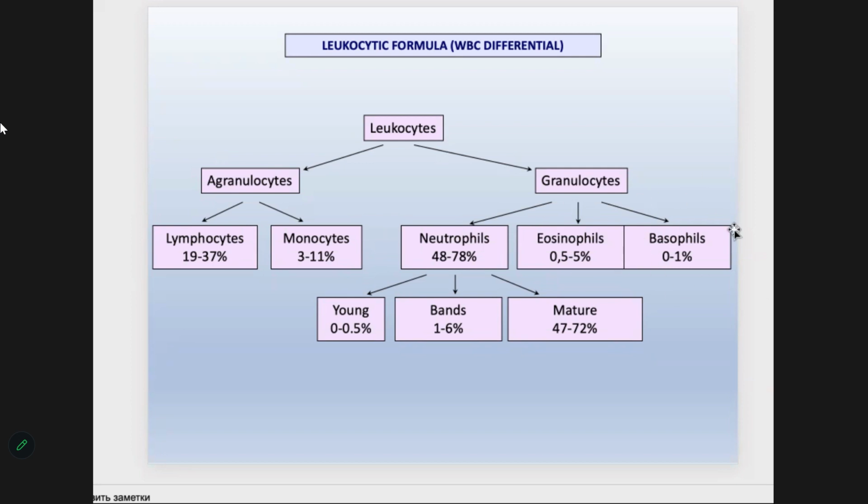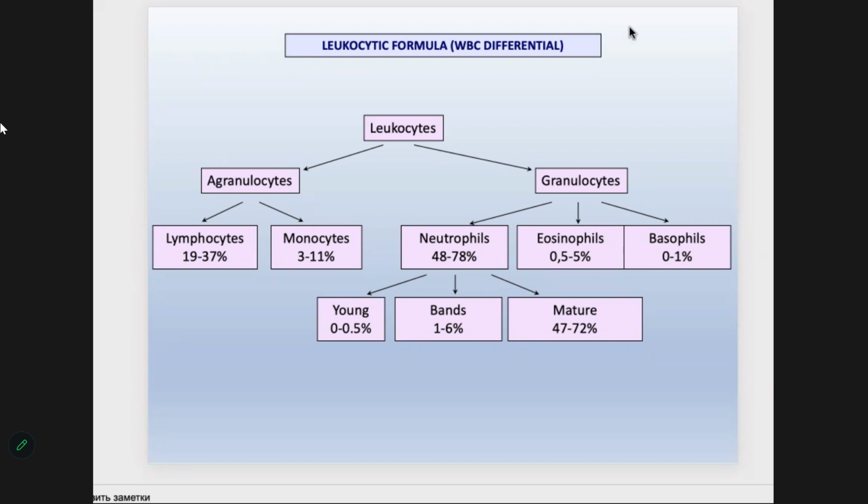Basophils, whose specific granules are stained by basic dyes into a blue or purple color. And neutrophils, whose granules in the cytoplasm are stained both by acid and basic dyes. Neutrophils in normal blood are from 48 to 78%. Basophils are from 0 to 1% only.